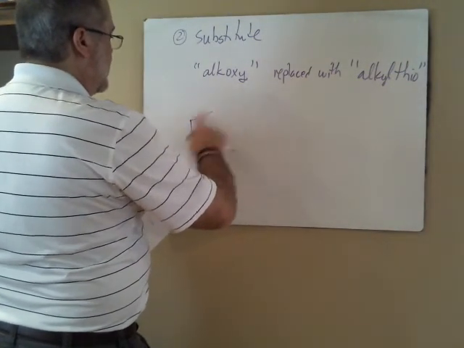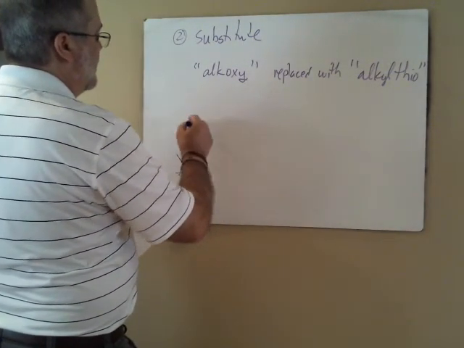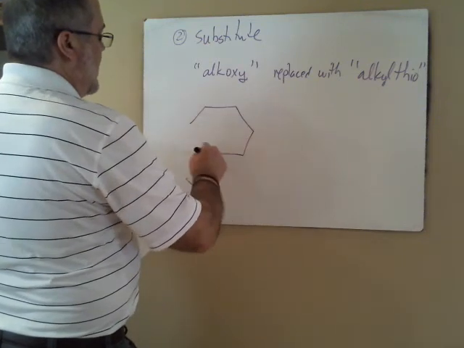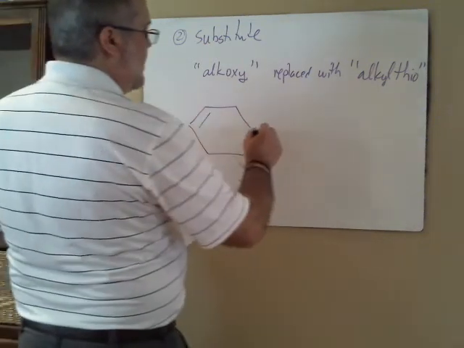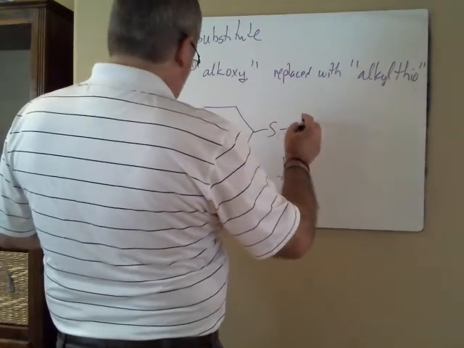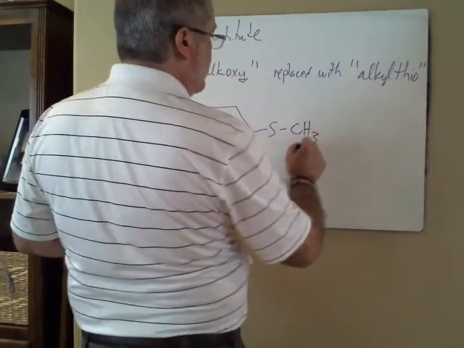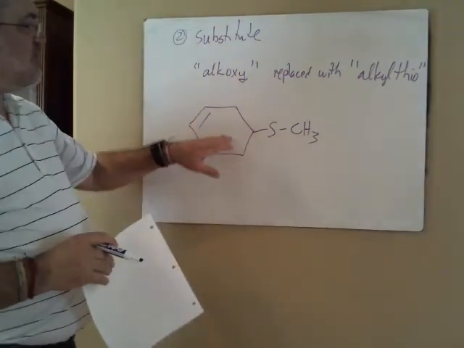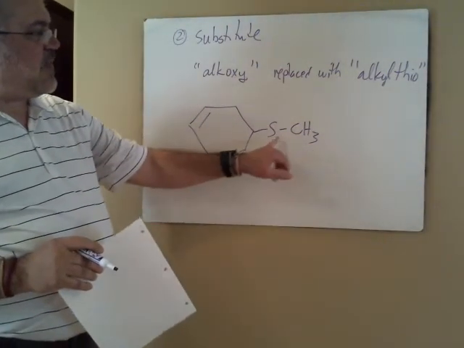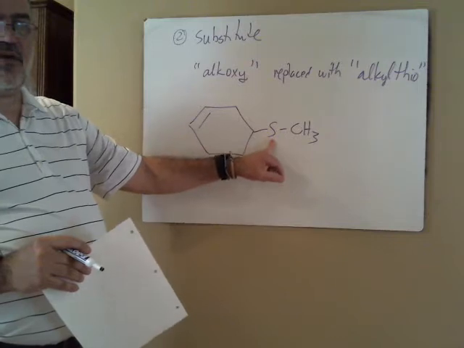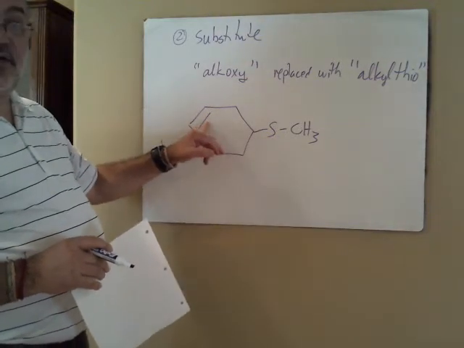And so example of that, I'll use the same example that we did when we talked about the alkoxy substituent. Let me draw it like this. Say we have this system, we have a double bond there, we have a sulfur, and then we have a methyl. So similar system we saw. We have two organic residues on either side of this sulfur, but I want to name it as an alkene.